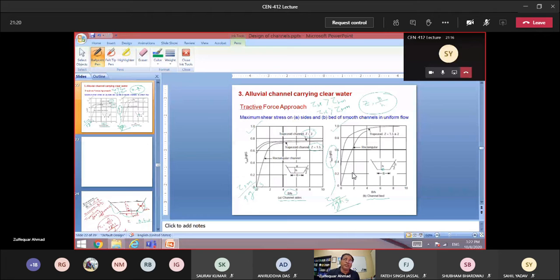But of course, that shear stress will not be more than tau C. This is also to be noted: this tau BL or tau SL will in no case be more than tau C.